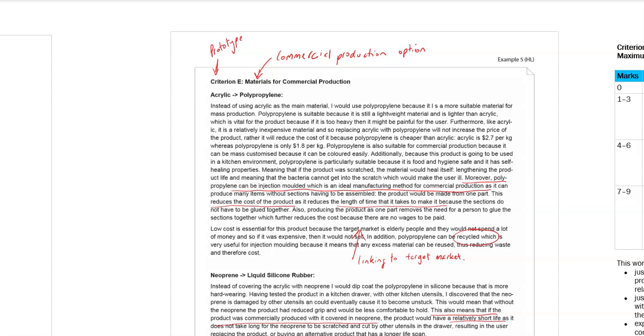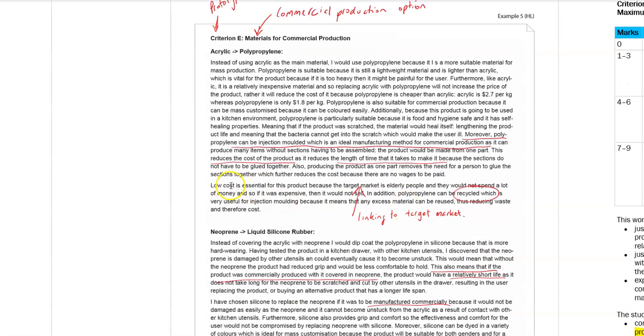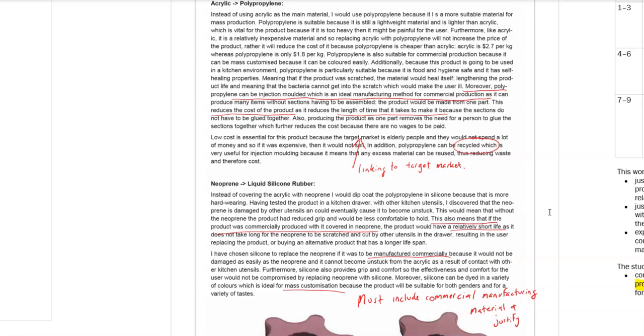Polypropylene is a really useful material in injection molding, which it states down here. It also links to the costs, because the target market are people who wouldn't want to spend too much money on particular items. And polypropylene can also be recycled.